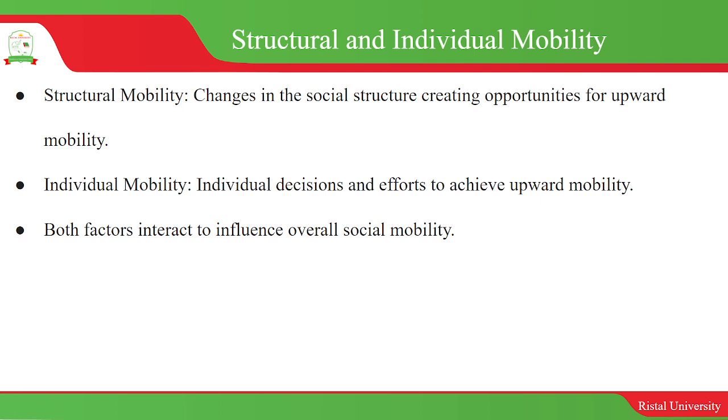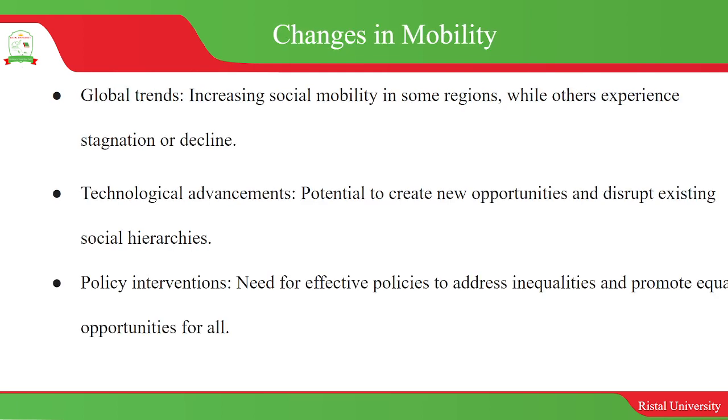You need these two things, individual mobility and structural mobility, in order to move. Sometimes you are determined, but you have structural limitations. But you can also have a system where you don't have a lot of structural limitations, but the individuals are not really up to the task. So you have a problem there.